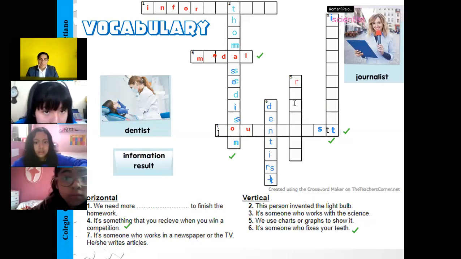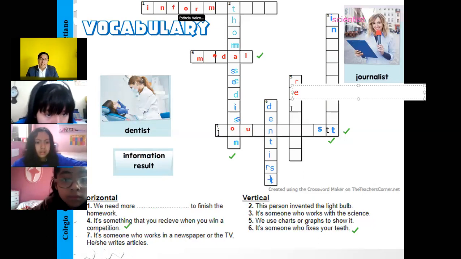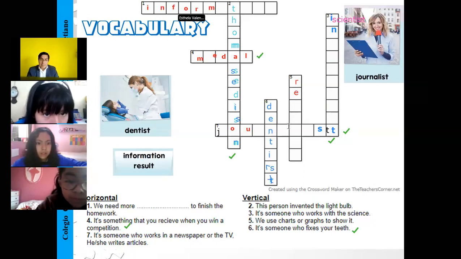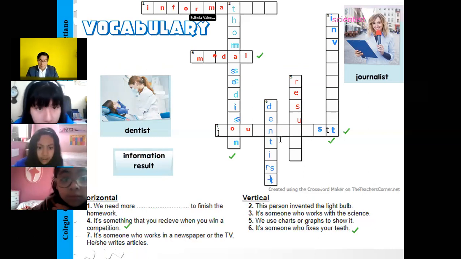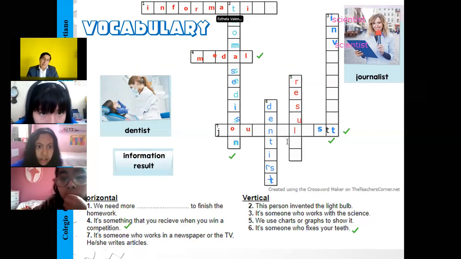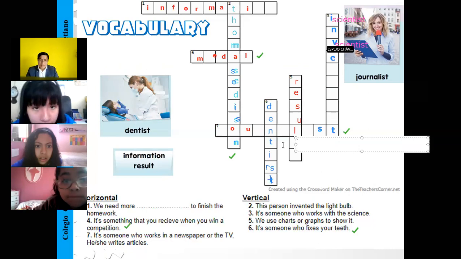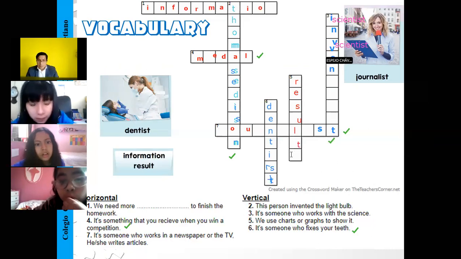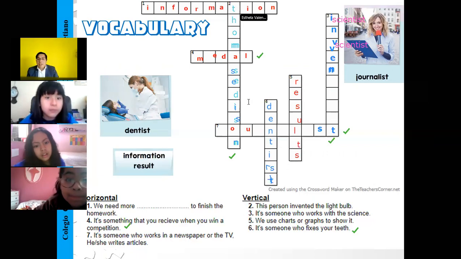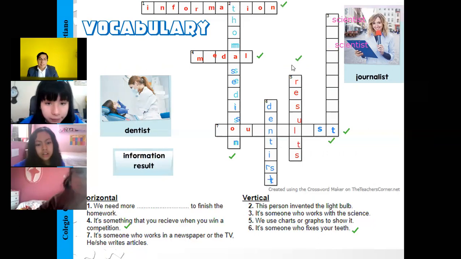It's this word. Information to finish the homework, yes. Results, dentist, and this was scientist, no? Very good. Stop, please, stop.